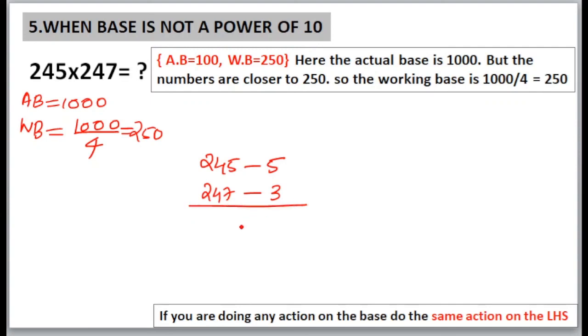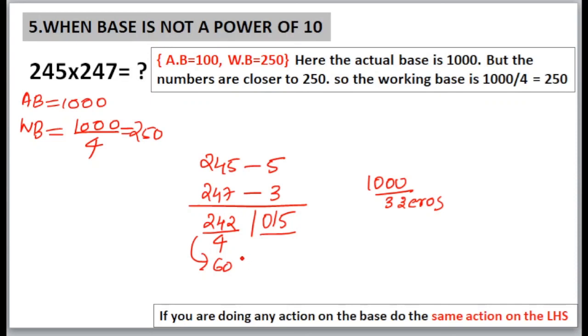So your RHS is 5 into 3, which is 15, but your base is 1000. It has 3 zeros, so you put a 0 behind 15 in order to make it 3 digits. Then 247 minus 5 is equal to 242, but you have to divide the LHS by 4 because you have performed an action on the base. So 242 by 4 is equal to 60 and 2 by 4, and 015 is your RHS.